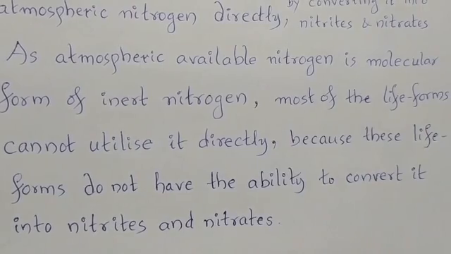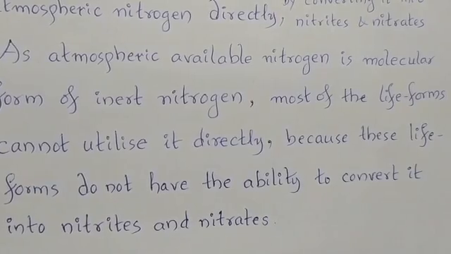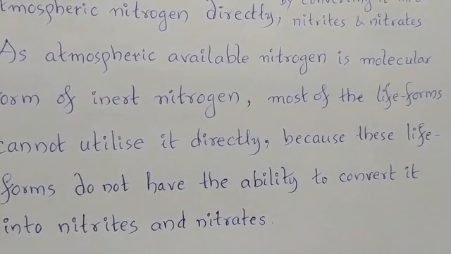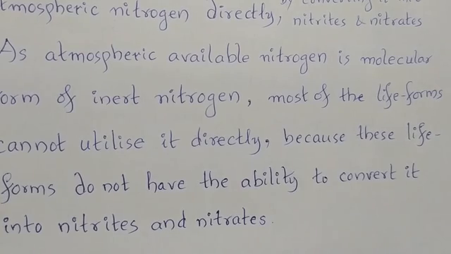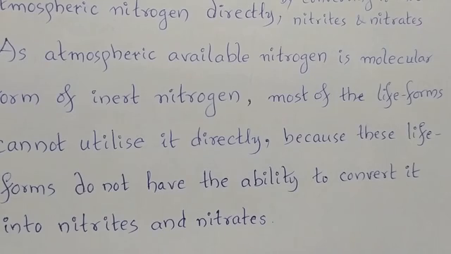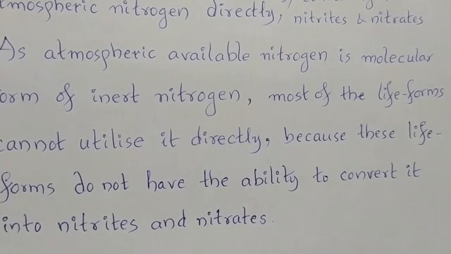As atmospheric nitrogen is the molecular form of inert nitrogen, most of the life forms cannot utilize it directly because it is highly inert. Most living organisms do not have the ability to convert it into nitrates and nitrites, which are the utilizable forms of nitrogen.